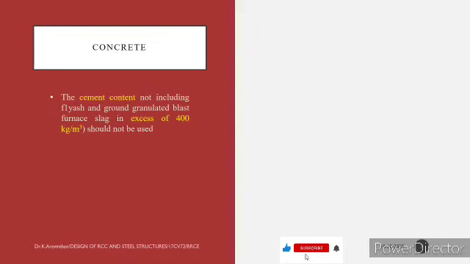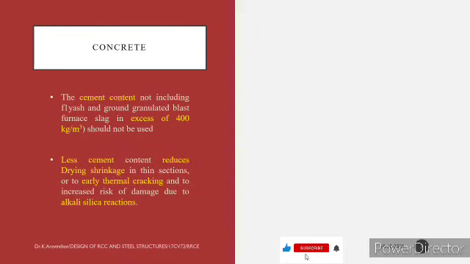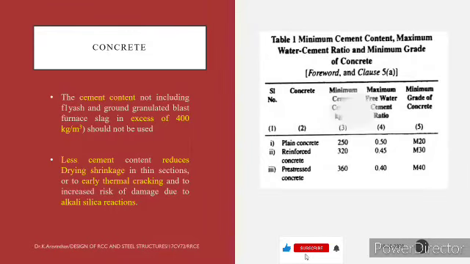And while assuming the grade of the concrete along with this guideline, see in table 1 in IS 456 it is given that for reinforced concrete minimum cement content should be 320 kg per meter cube, and nowhere while designing the water tank should the cement content exceed 400 kilogram per meter cube.